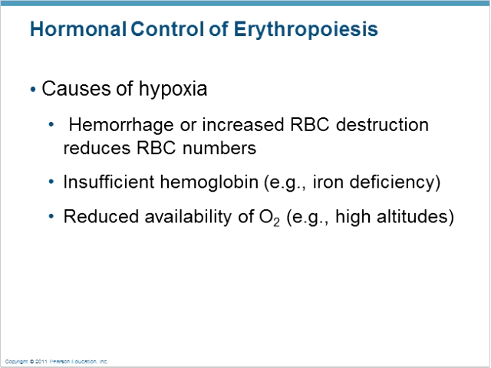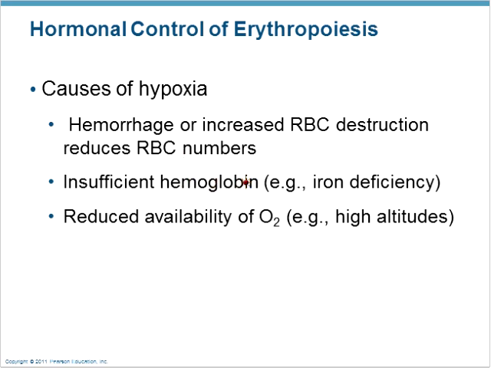Some causes of hypoxia are hemorrhage or increased red blood cell destruction, which reduces the red blood cells in circulation and reduces our ability to carry oxygen. There could be an insufficient amount of hemoglobin. We have the right amount of red blood cells, but we don't have enough hemoglobin. That could come from not having very good iron, or not taking enough iron into our bodies, or the hemoglobin being ineffective.